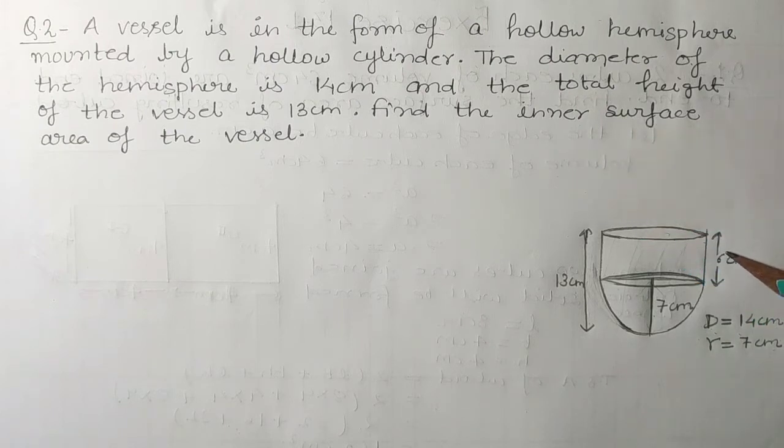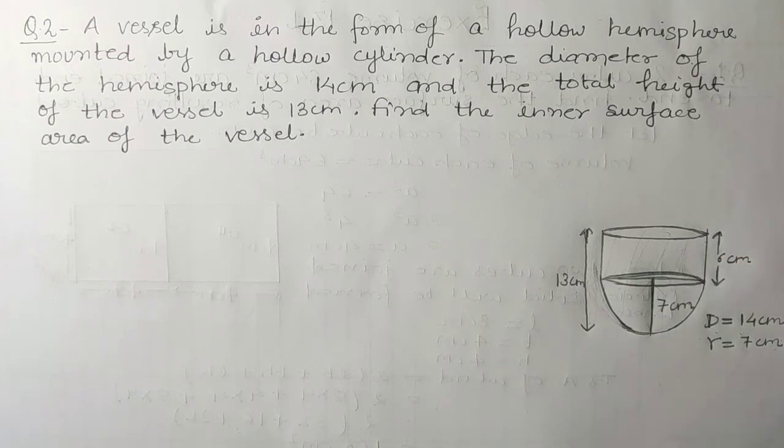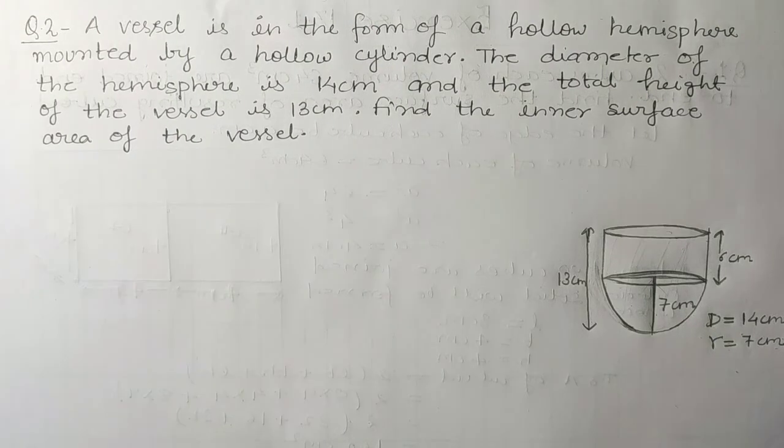Now we have to find the inner surface area of the vessel. Then what we will do? We'll add the curved surface area of the hemisphere and the curved surface area of the cylinder. Firstly let us see how this height has come, as we have to write it in the solution part also.